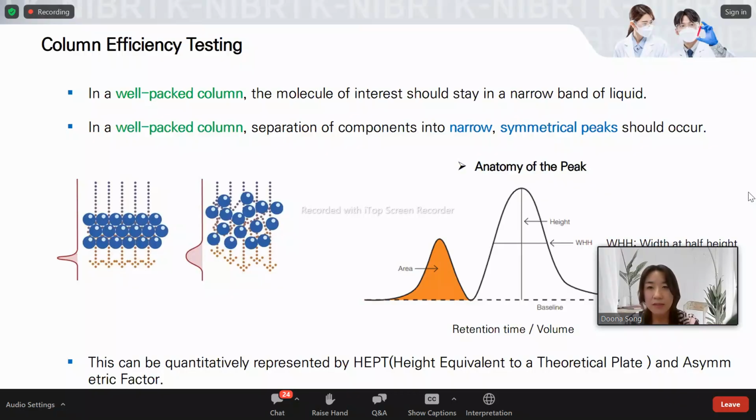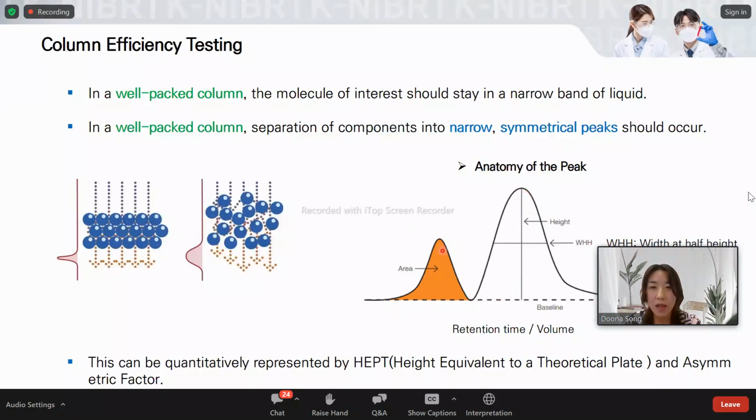Before we look at these factors, let's first understand the anatomy of the peak. Retention time or volume helps identify the compounds based on the time it takes to pass through the column. The height of the peak indicates the concentration of the compound at its highest point.